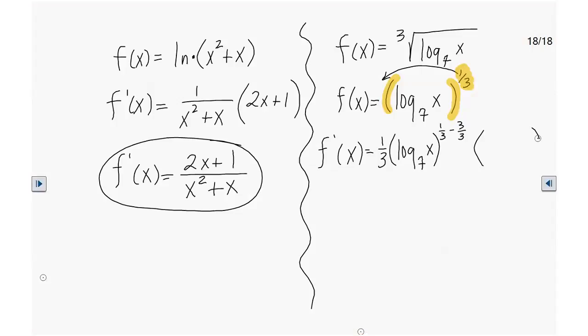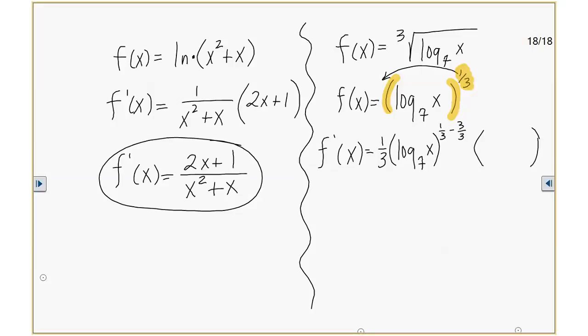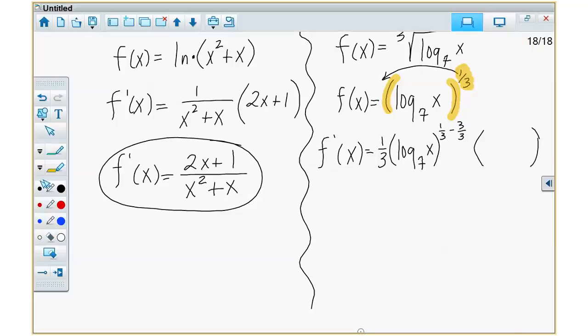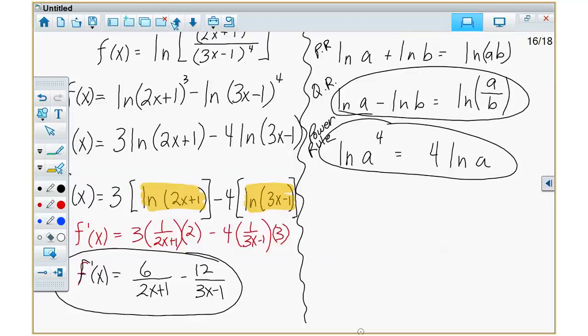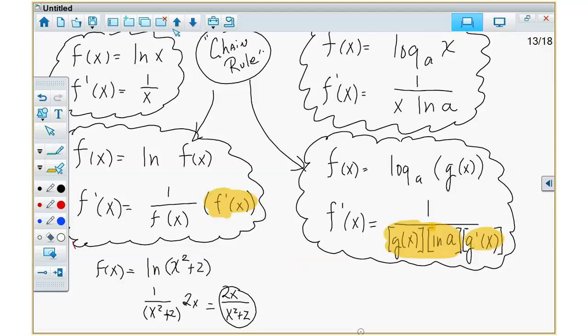Well, if you go back to that first, let's go back, let's review because I know Mr. Salih didn't get the first few minutes of class. There's our rules of logarithms. And look at here.